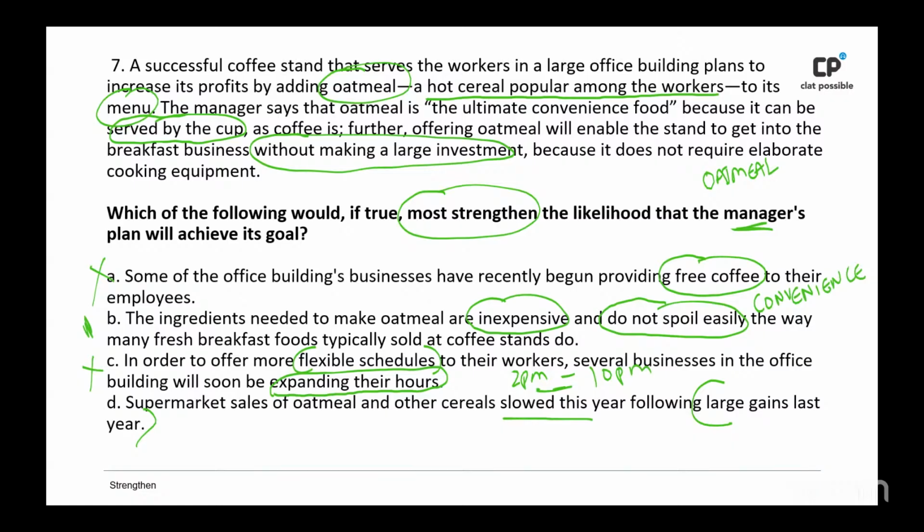Maybe now it is down to actual levels. Maybe oatmeal became a fad and the gains were sort of exceptional.